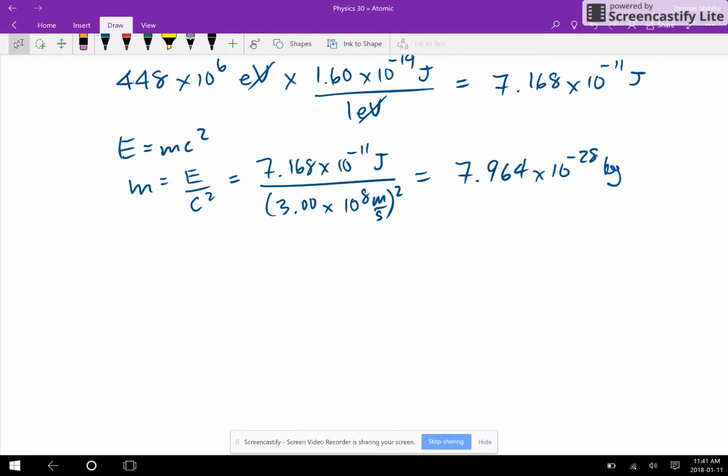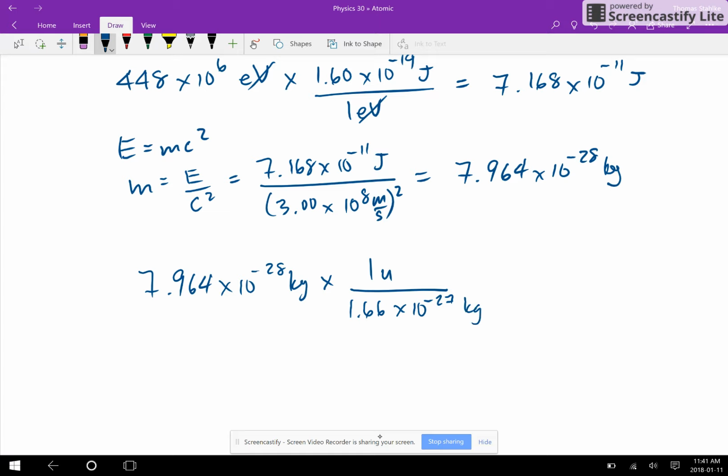So we have the value for mass in kilograms, but we want to change it into atomic mass units. So let's take this mass of 7.964 times 10 to the negative 28 kilograms, and we'll convert that to atomic mass units by using the value on our data sheet, the equivalent value in kilograms. So it's 10 to the negative 27.